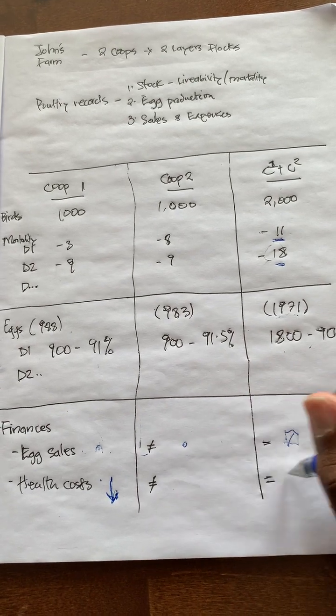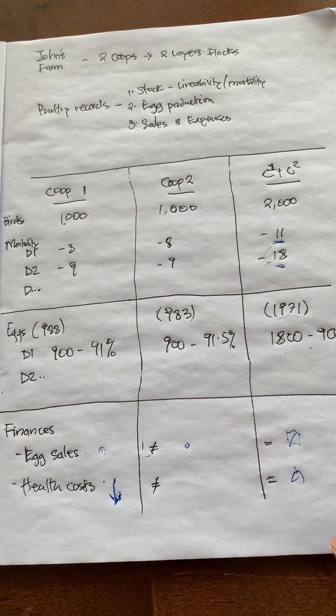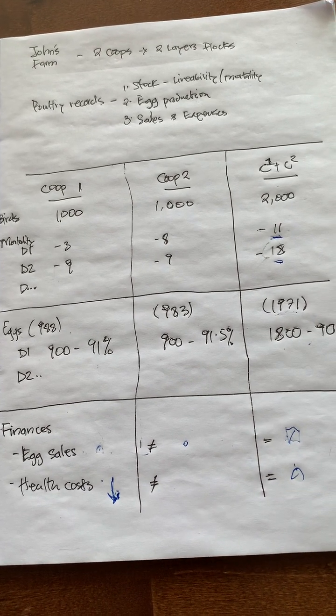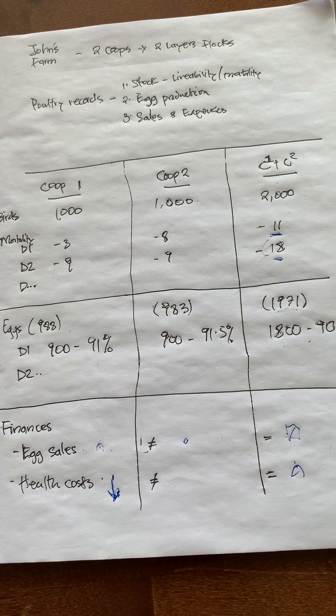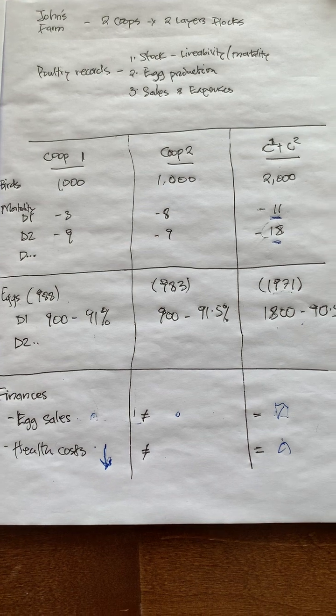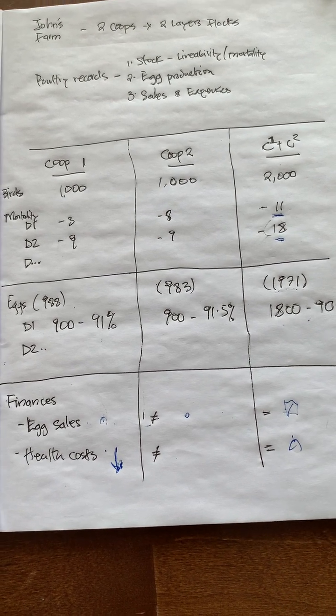But here, if we do combined records, we would have no idea which coop was affected. Of course, we would remember, but we will not have the exact context. We will not know when this happened, which day, which month, and so on.